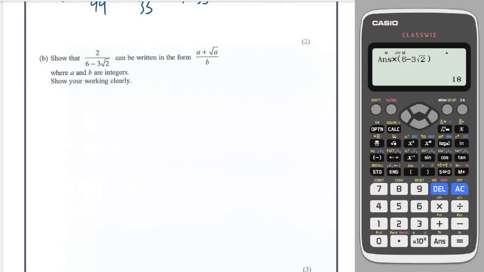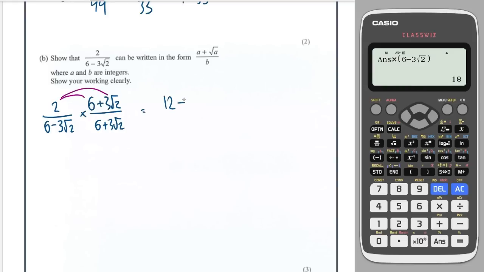Okay, next question is a classic rationalise the denominator. What you're going to want to do is multiply by the denominator, but with the sign changed, top and bottom. Like so. So let's get started. 2 times 6 and 2 times 3 root 2.